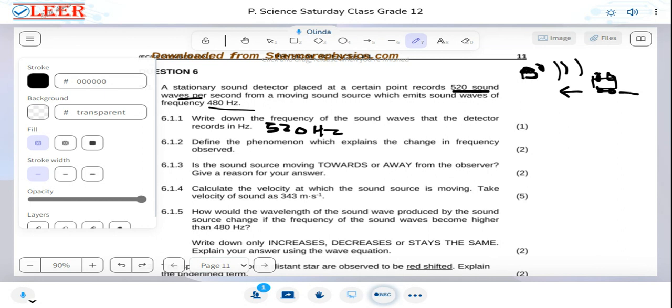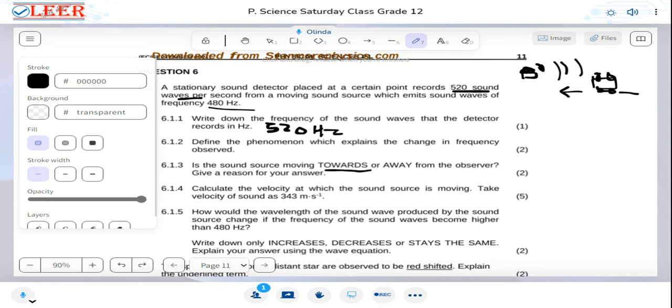6.1.3, like I said, we don't know if the source is moving towards or away. Now they're asking us, is the sound source moving towards or away from the listener? And give a reason for your answer. In this case, the sound source is moving towards the listener. Why?